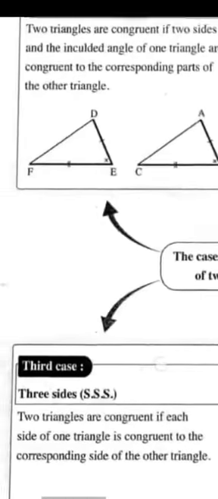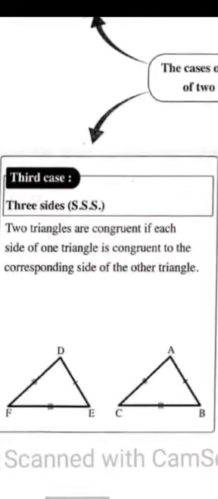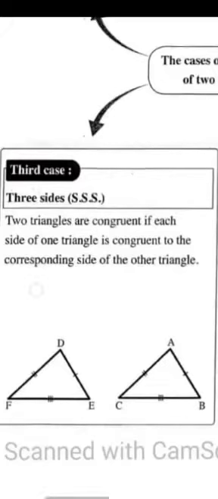Okay? The third case is the simplest case. It's called three sides. If we have two triangles, we can say the two triangles are congruent if each side of one triangle is congruent to the corresponding side of the other triangle. It means all sides in the first triangle are equal to all sides in the second triangle. We have an example.